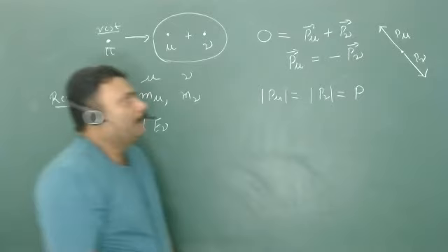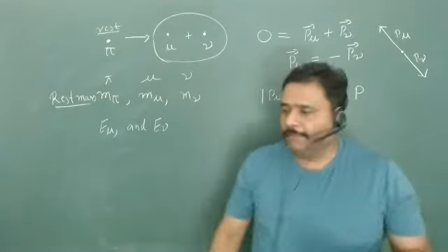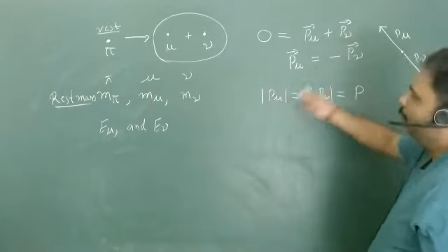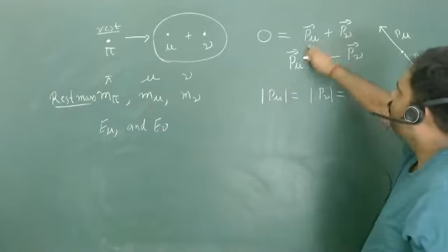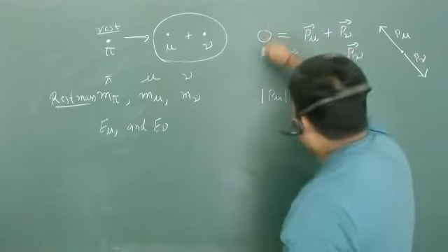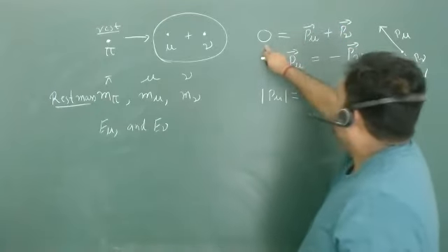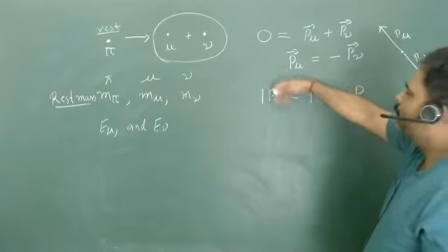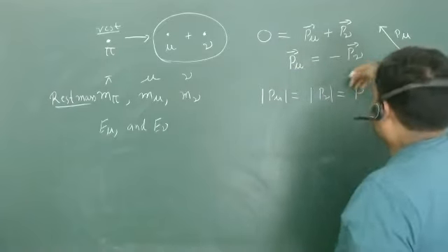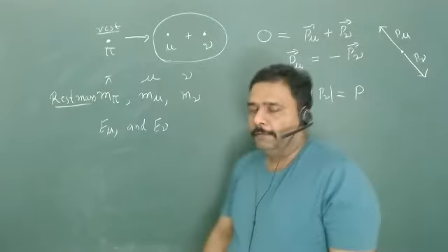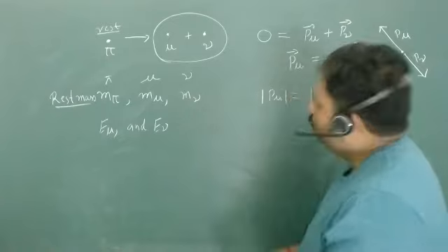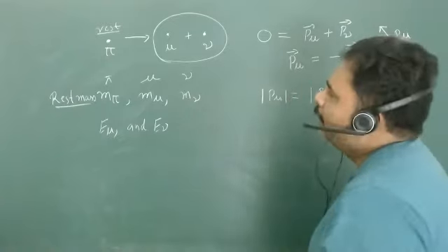So what will happen? From the conservation of momentum, we can reduce one variable. Initially, we started with two variables. Since momentum is conserved, we have one equation, and that gives us that the magnitude of momentum of both particles is equal to P. So this is my first expression. Let's go for conservation of energy.